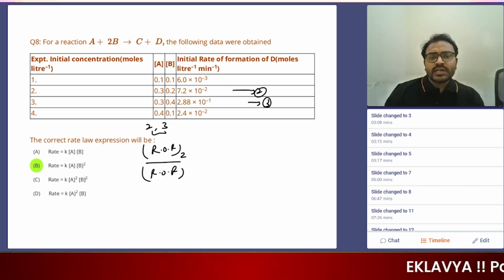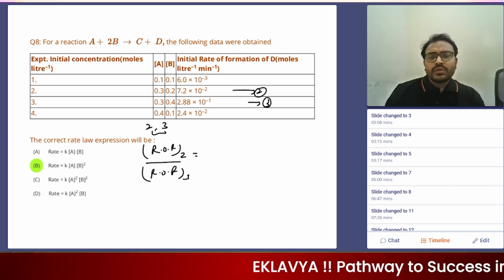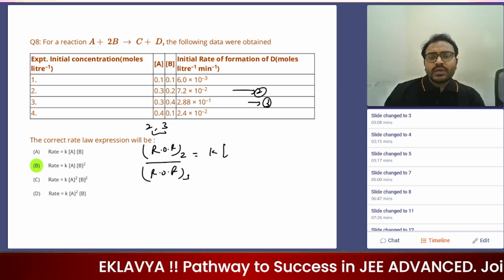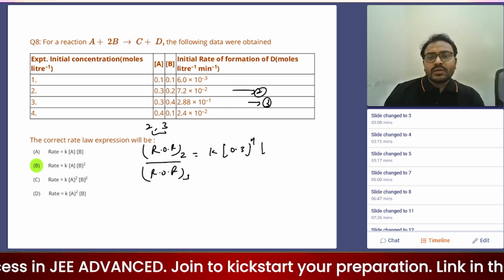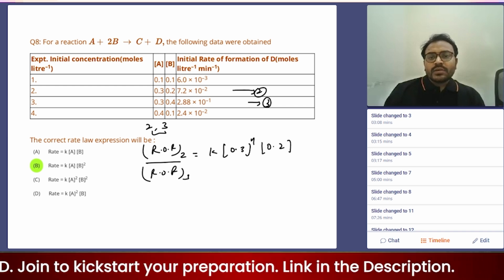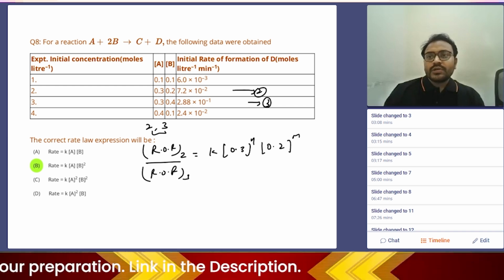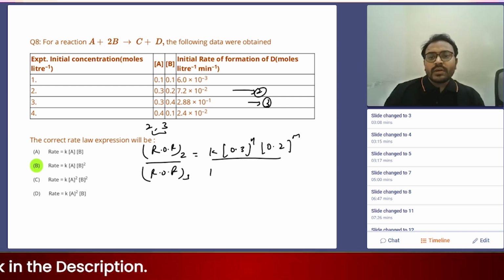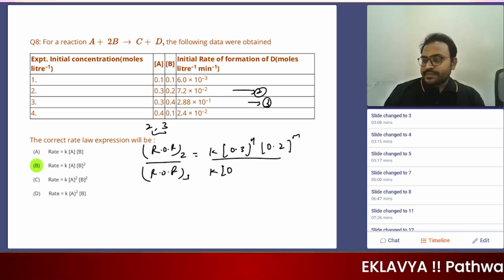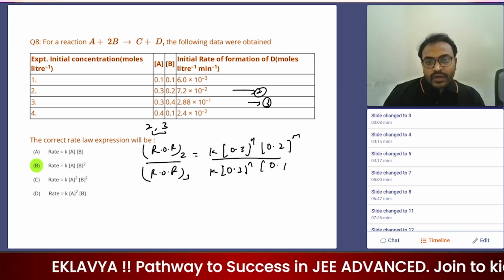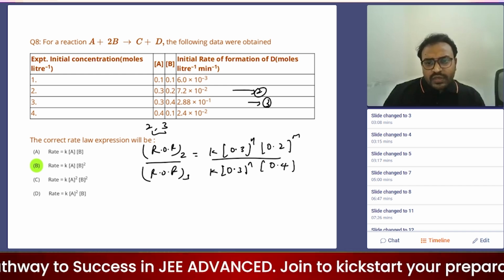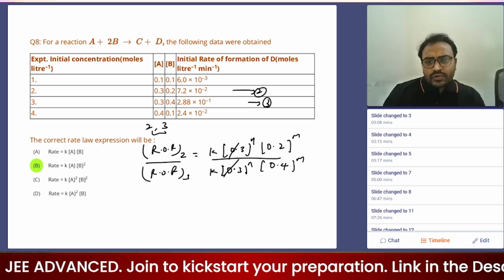We can take the ratio directly, ROR for third equal to K into concentration of A, given 0.3 to the power of n, concentration of B 0.2 to the power of m, divided by K, concentration of A 0.3 to the power of n, concentration of B 0.4 to the power of m.